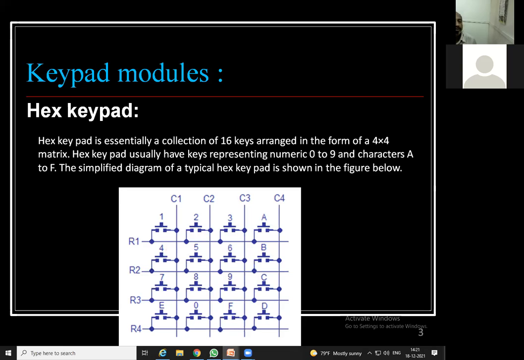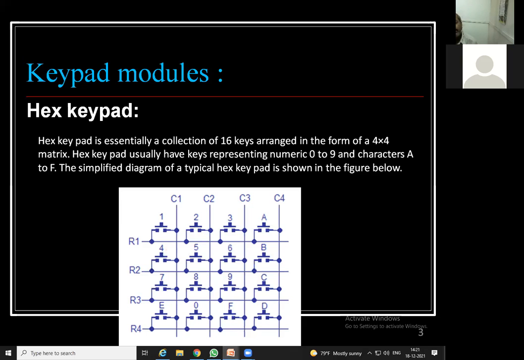The keys were there, 1 2 3 4 5 6 7 8 9 0 and A B C D or the hash. So how it was working and how you can interface it with our 8051, that is today's agenda, the first point of this hex keypad.